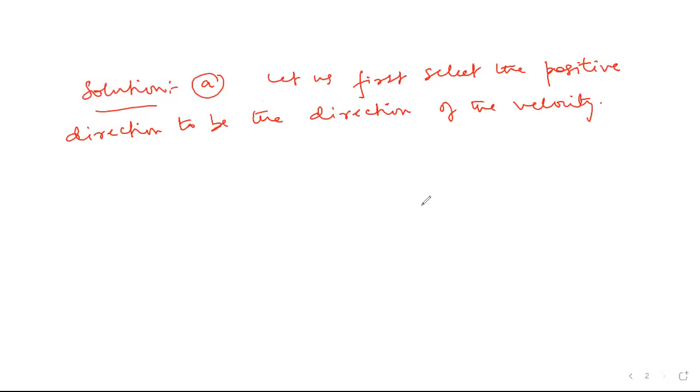So we take the positive direction of our x-axis to be the direction of the velocity. And we choose the origin so that x naught is 0.